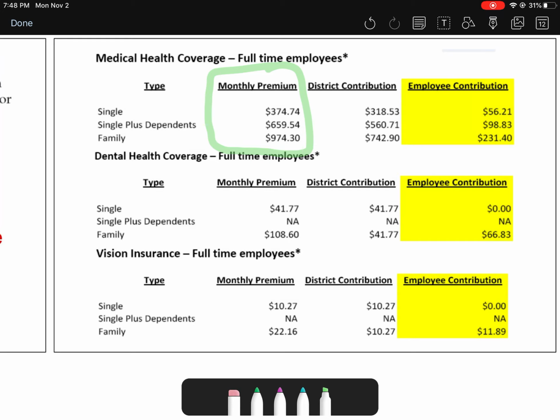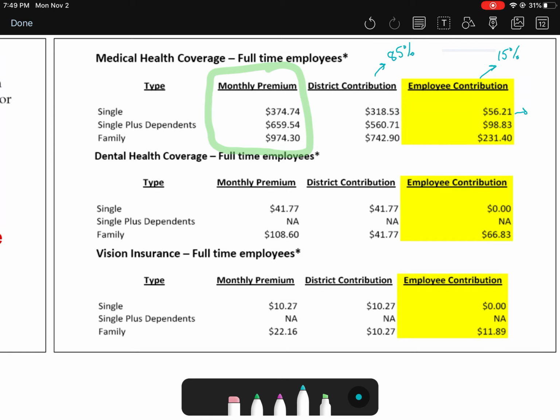Here's your monthly premium, how much it costs. For this school district, they pay 85% of the cost of your health insurance, which is really good. That means we, the employee, pay 15%, which makes it per month a lot more manageable.